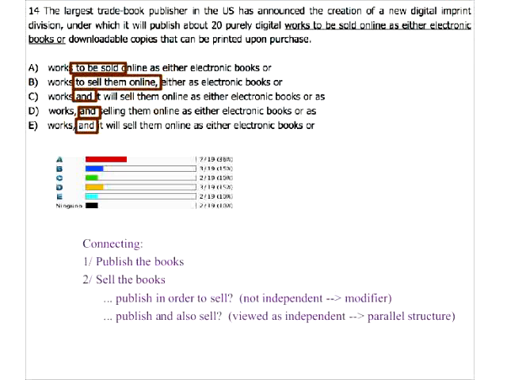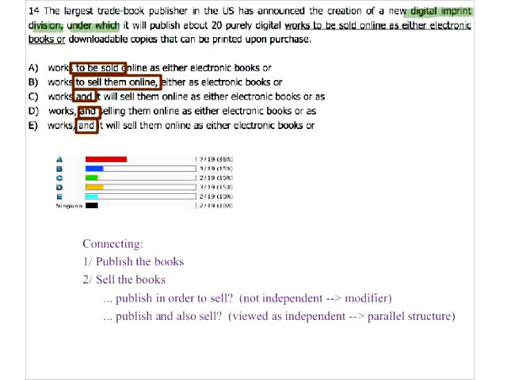Let me tell you, we kind of got to close up shop here pretty soon, so let me clue you guys into this a little bit. What you want to be looking at here is this. You're talking about a digital imprint division of a company under which these things happen. So it's a digital imprint division.